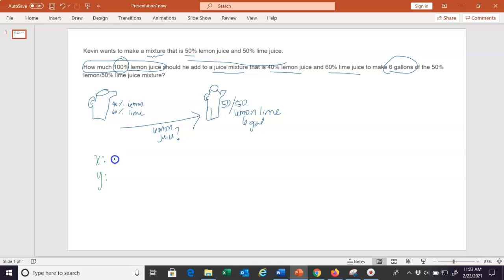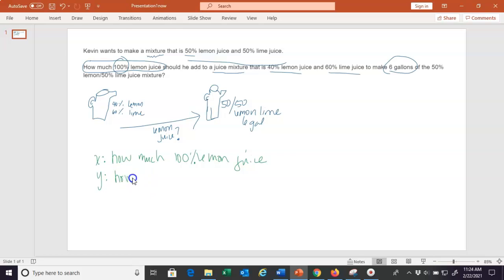So we're going to let x equal how much 100% lemon juice we're going to add. That's going to be the amount of lemon juice we add to the mixture. We don't know how much it is, so we're going to call it x. You can literally call it anything. I just picked x. And then y, we're going to let equal the mixture that we started with.